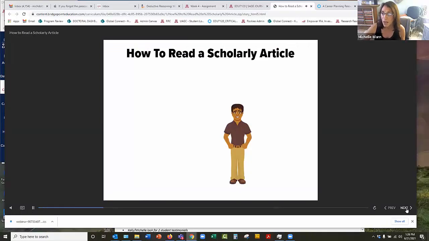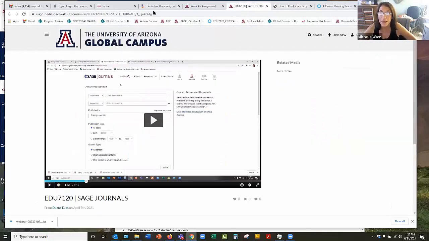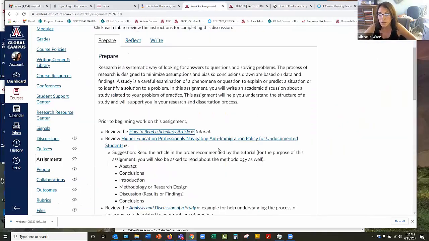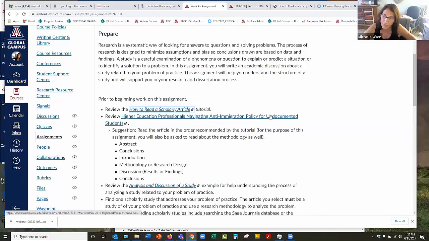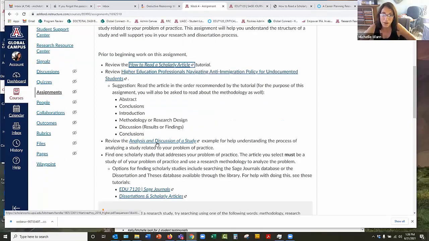Okay, so it shows you actually the components of a research paper, and you're going to look at those components and you're not going to read them in order. So it's going to teach you how to read a research paper, okay? All right, so you're going to get that tutorial. There's also an example of a research paper right here for you to look at.